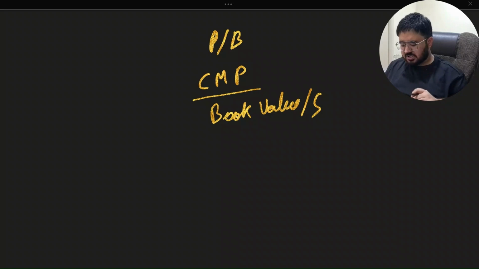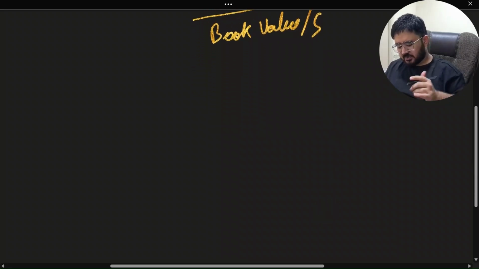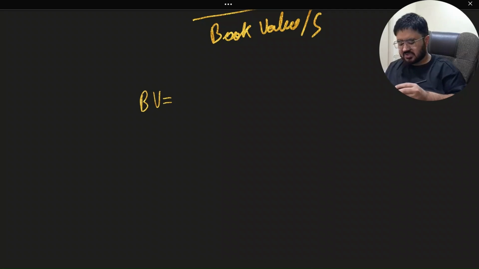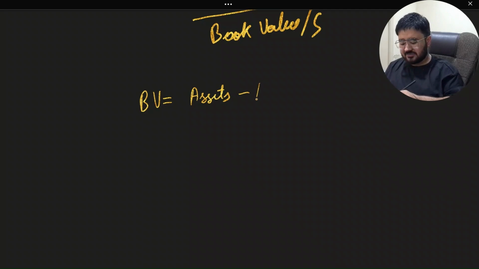The question now is, how do we calculate book value? Let's see. It's very simple. You have to sell all the assets, so you have to consider assets. You have to pay all your loans, which is liabilities.